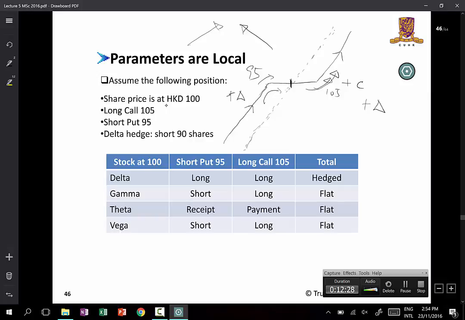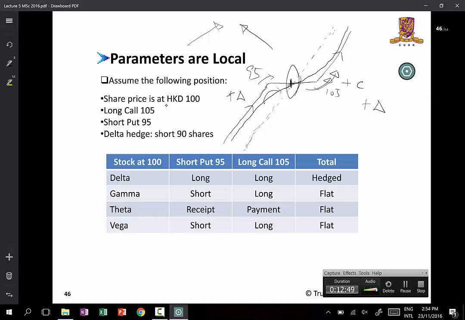Now, what you have here is actually a combination of two options. There's a put here, and there's a call here, and if you were to add them up, approximately it would look like this, I haven't drawn it very well, and they're meeting here, but you are long delta.